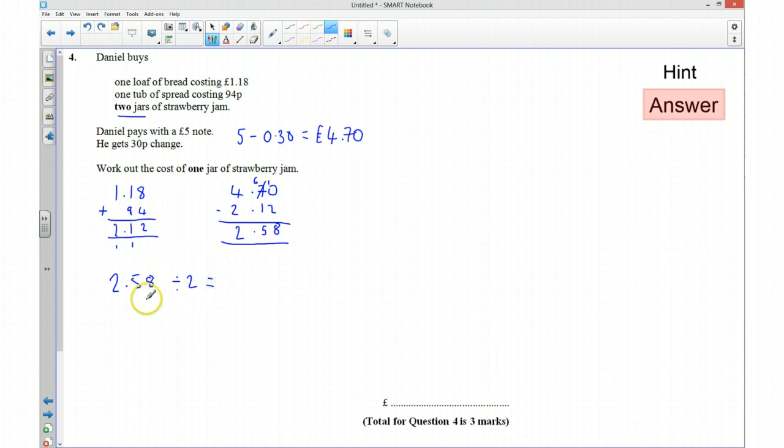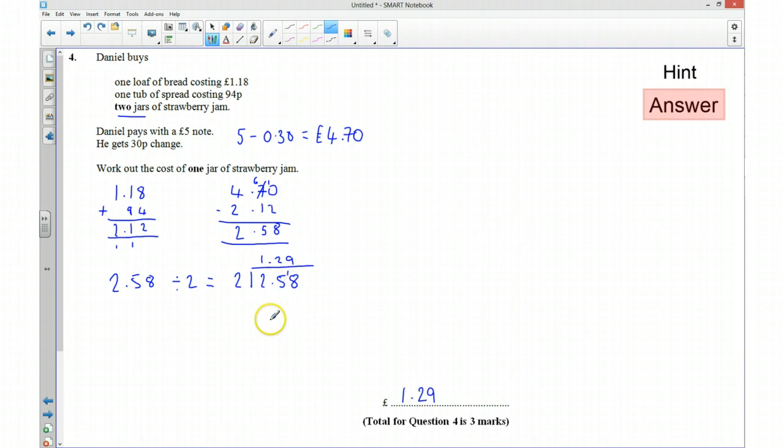I'm going to do the bus stop method, so we'll say 2 into 2 goes once, I'll put a point there. 2 into 5 goes twice with 1 remainder, so I'll put the 1 remainder there, and 2 into 18 goes 9 times, so that's going to be £1.29. So that's how much 1 jar of strawberry jam is going to cost. That's £1.29.